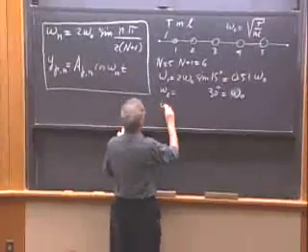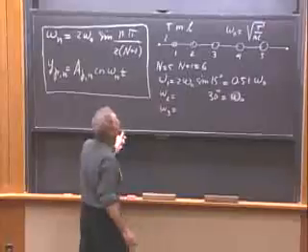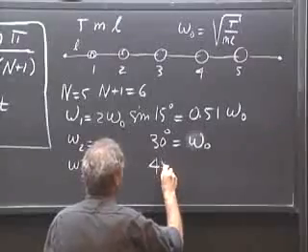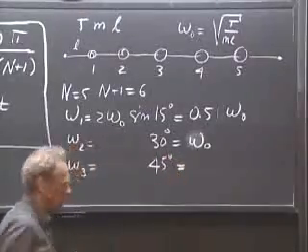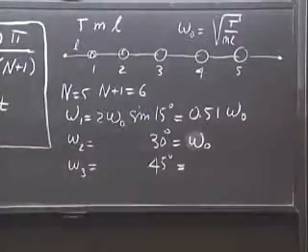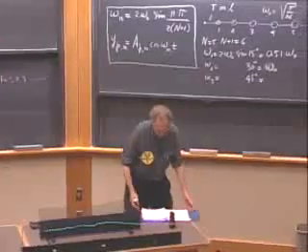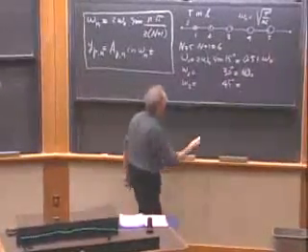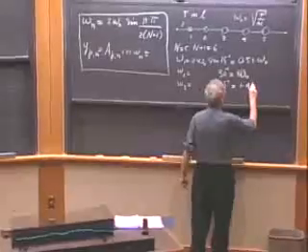And I get omega 3. And now I get the sine of 45 degrees, which is approximately 1.41, not exactly, but that is the square root of 2, so that is about 1.41 times omega 0.